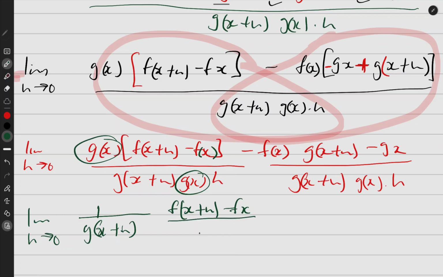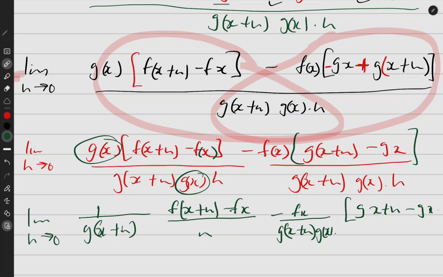That is all over h, and minus on this side I'll have f of x, and the denominator g of x plus h, g of x, and there should be brackets here, and then here we'll have g of x plus h minus g of x, that should be all over h.